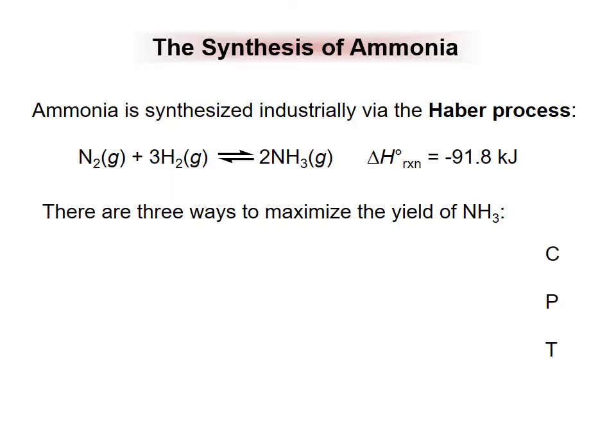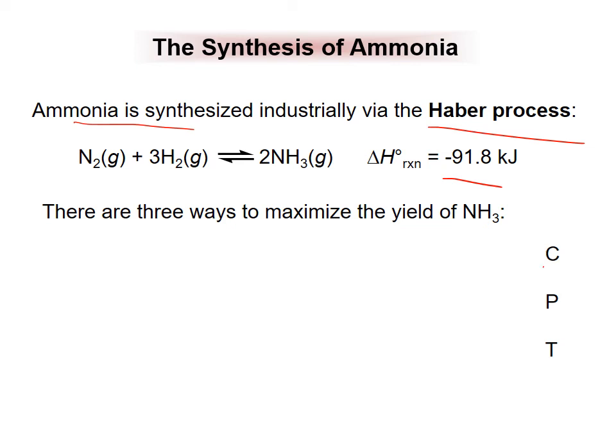A very important reaction in industry is the ammonia synthesis. The process is called the Haber process. The reaction has a negative delta H, and therefore it's an exothermic reaction. In industry, several approaches are used to increase the yield.